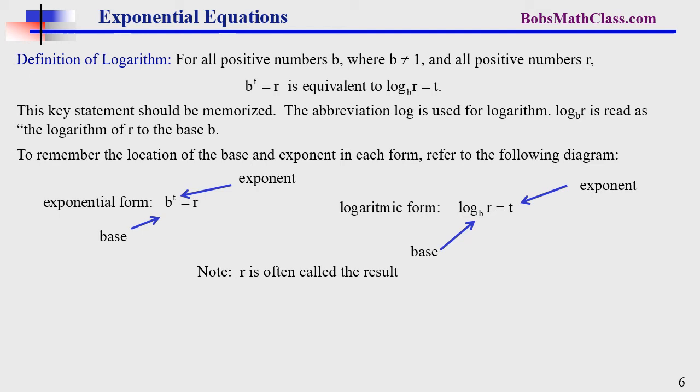So in exponential form, b to the t equals r. The b stands for the base, and the t is the exponent. Logarithmic form, log of r base b equals t. Again, the t is the exponent and the b is the base. Sometimes r is referred to as the result. Okay, again, don't stress about that too much. We're just introducing it here. We'll use it more in the next lesson.